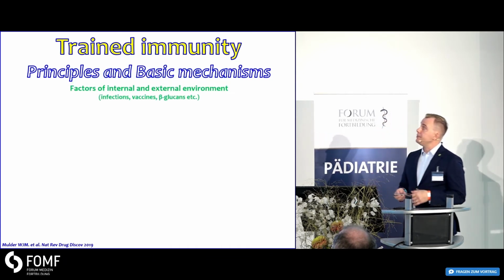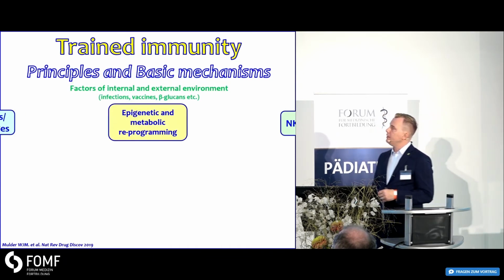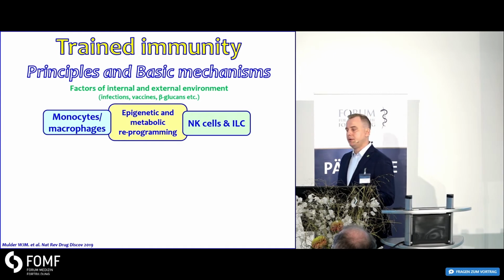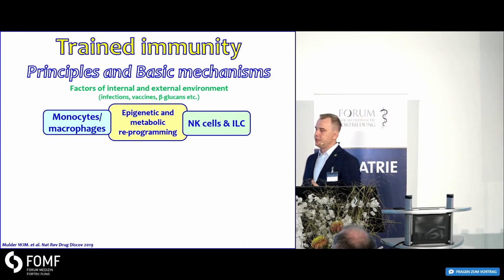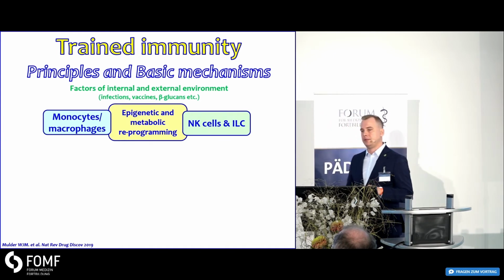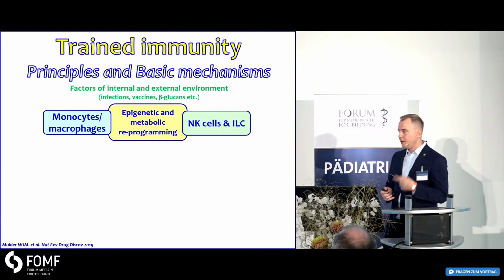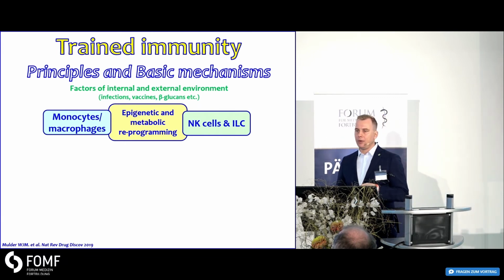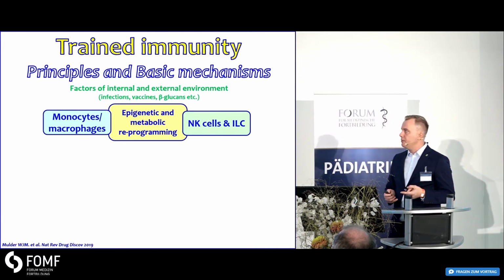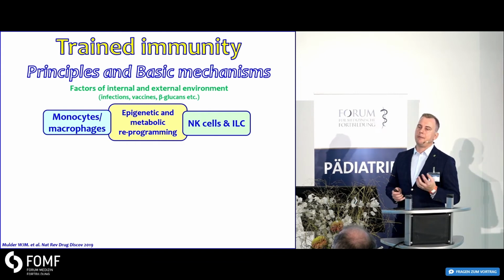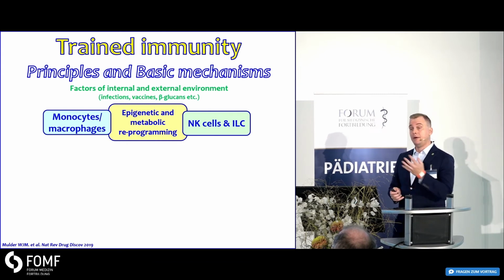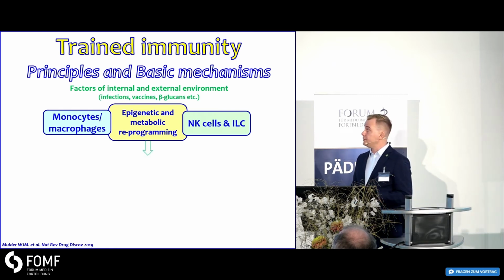So what are the principles of developing trained immunity? From the world of immunomodulators, beta-glucans were the first with a confirmed possibility of inducing trained immunity. By regular application of, for example, beta-glucans, you can train monocytes and macrophages to produce a sufficient amount of, for example, interferons after future contact with viral infections.